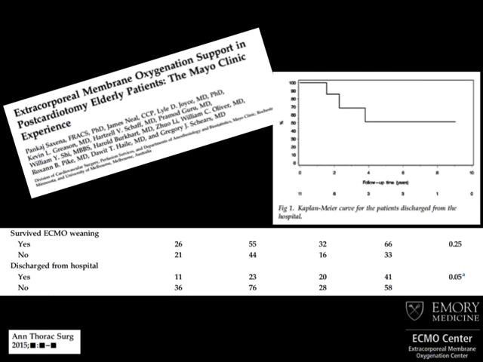So what you can see here that survived, discharged to hospital, the entire group had essentially 11 survivors, 36 non-survivors in this population. And you can see here that of those 11, half of them died within 2 years. So I think that the 70 and 80-year-old population is probably getting a little too old to be using this technology on.